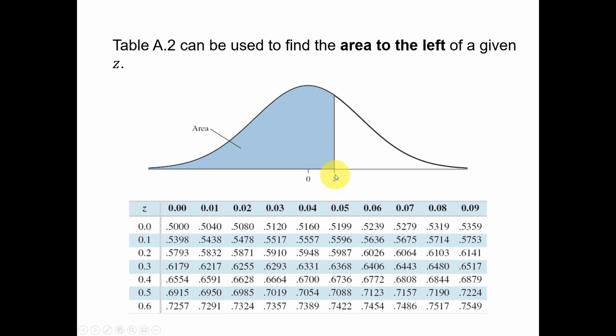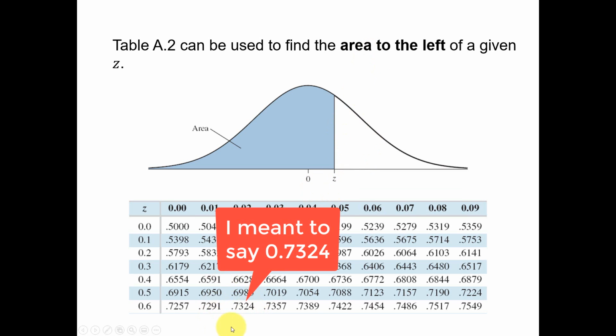So let's just say z was 0.62. Well, here's the 0.6, and then this is 0.60, this is 0.61. Now this is what we're looking for, it's 0.62. The area to the left of z would be 0.324.